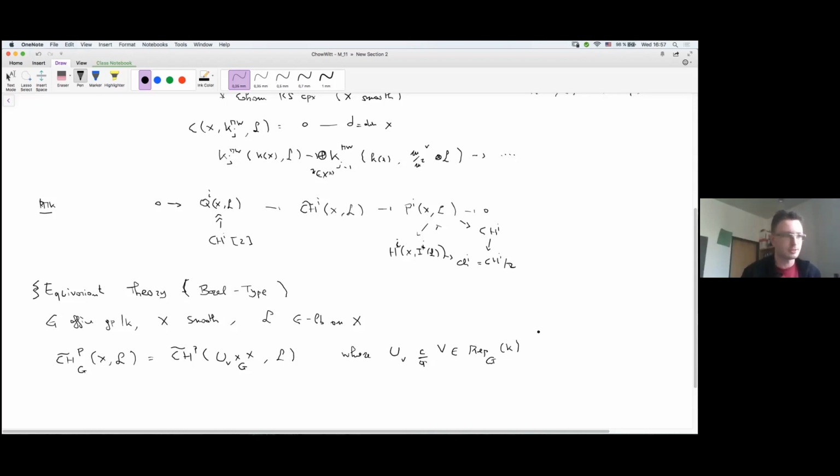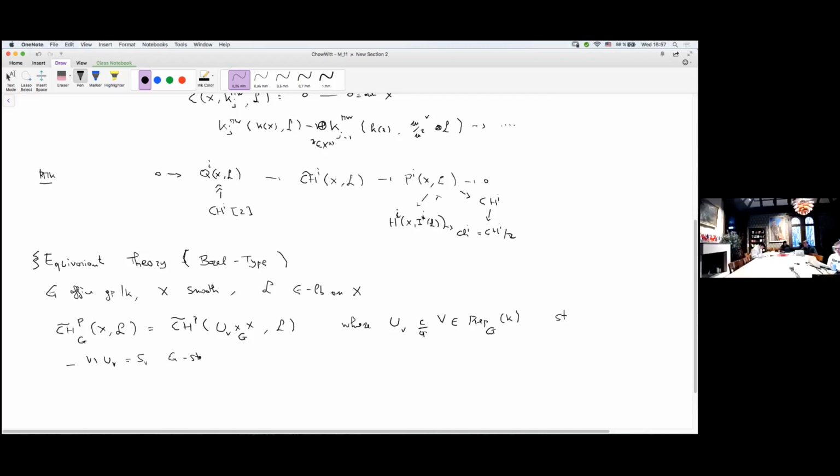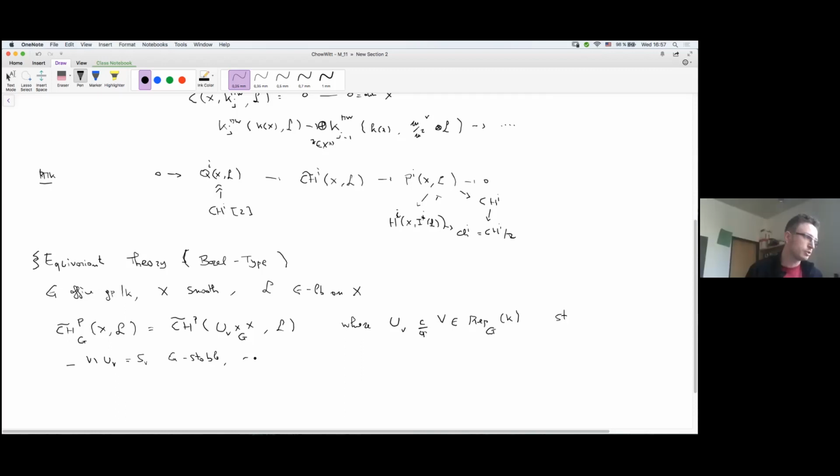That satisfies a number of assumptions, which are the usual ones. The assumptions are mainly the following. The complement of UV in V, which we call SV, is of course closed and G-stable, and of codimension strictly bigger than P+1 if we want to have cycles of codimension P. What else?